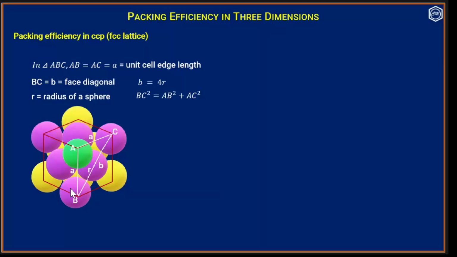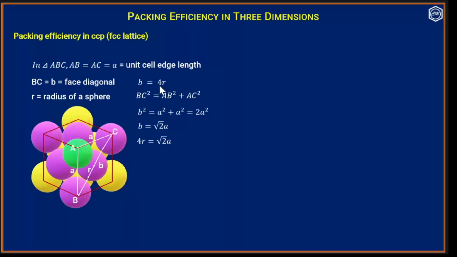Since this is a right angle triangle, we can write BC square is equal to AB square plus AC square, or b square is equal to a square plus a square, that is 2a square, or b is equal to root 2 a.